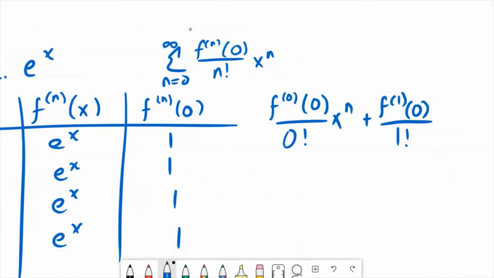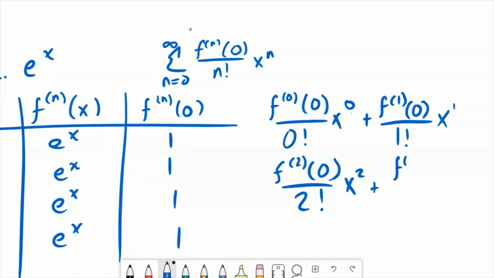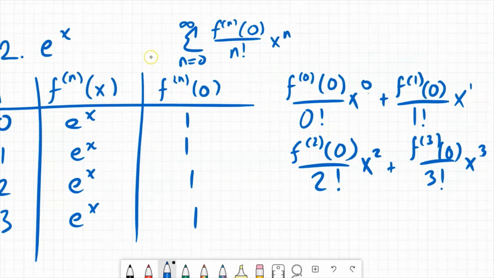Okay, that's fine. This should be x to the 0. Then we have the second derivative term, and then the third order term. And then we just plug it in based on what we found.